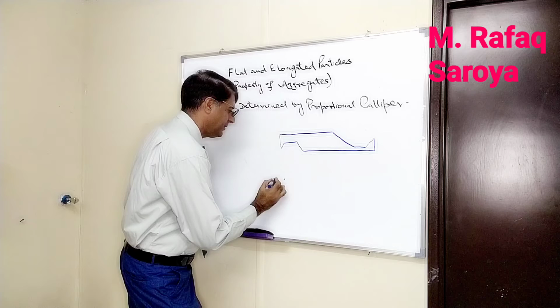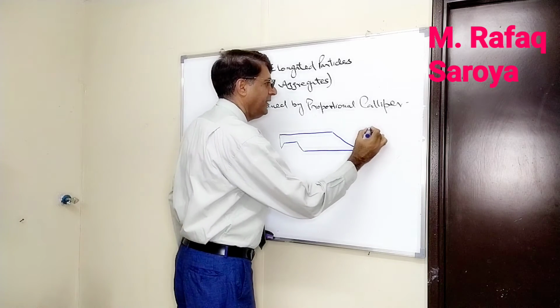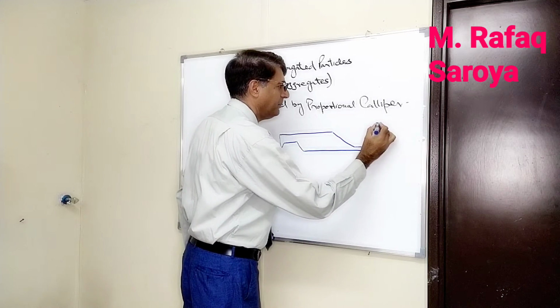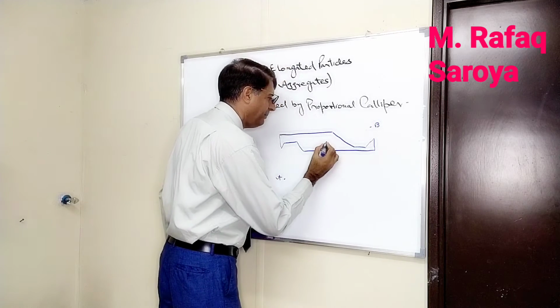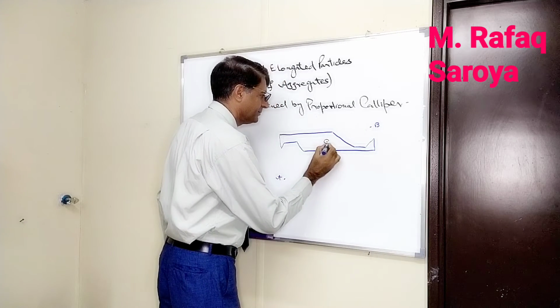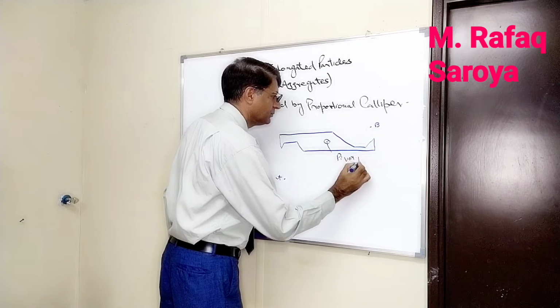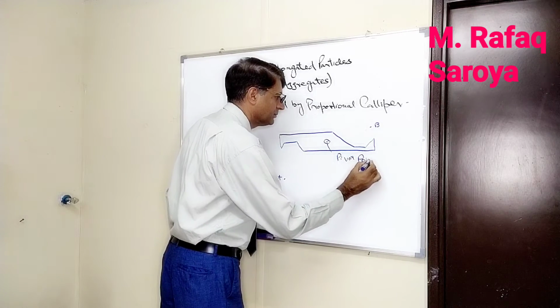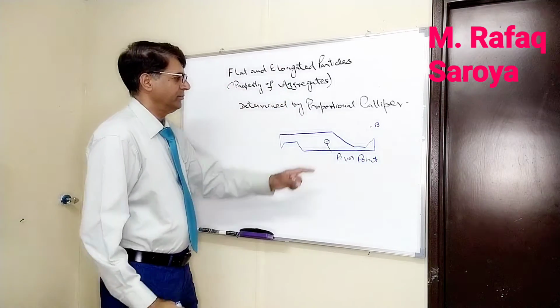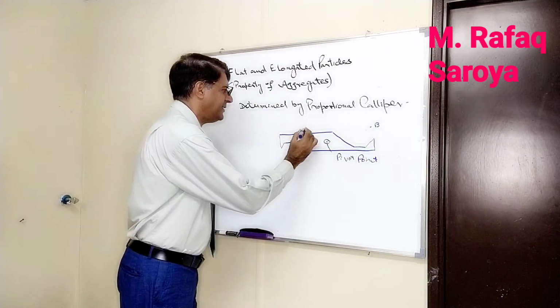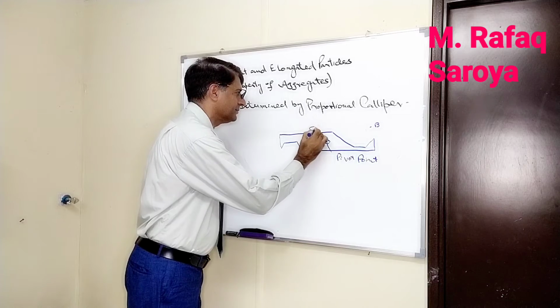Here this point is fixed, known as point A. Here this point is fixed, known as point B. And this is the pivot point, and it is set in this ratio.